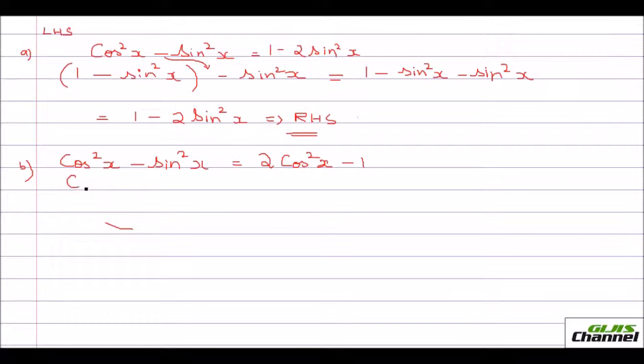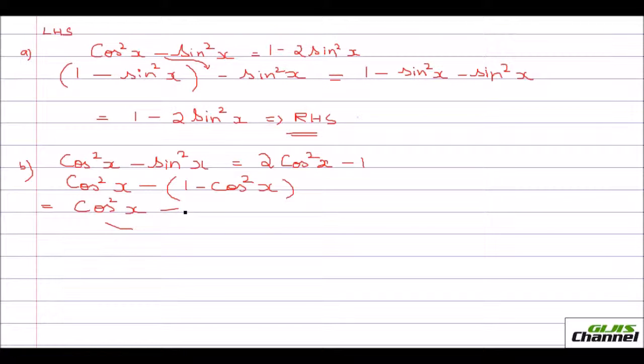So I just leave the cos square as it is and change the minus sin square, which is nothing but 1 minus cos square x. So what does that mean? So this is cos square x, and when I remove the parentheses, the minus sign enters inside.